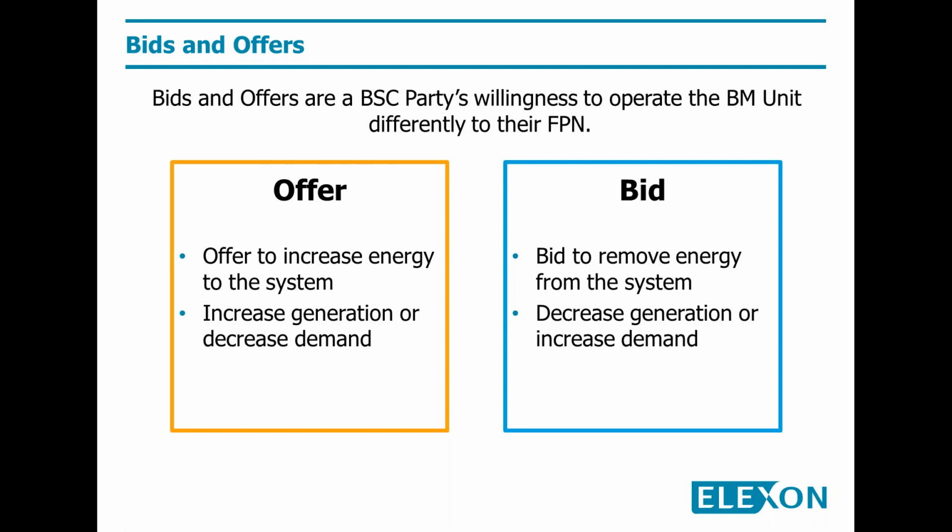And removing energy from the system is a bid, and that will mean decreasing generation or increasing demand. They will submit their bid and offer pairs along with their FPNs or PNs. And National Grid can then choose which of those to take and obviously adjust the system accordingly.